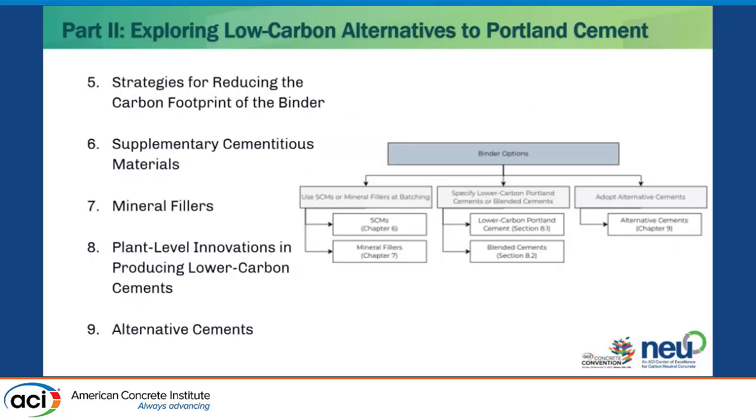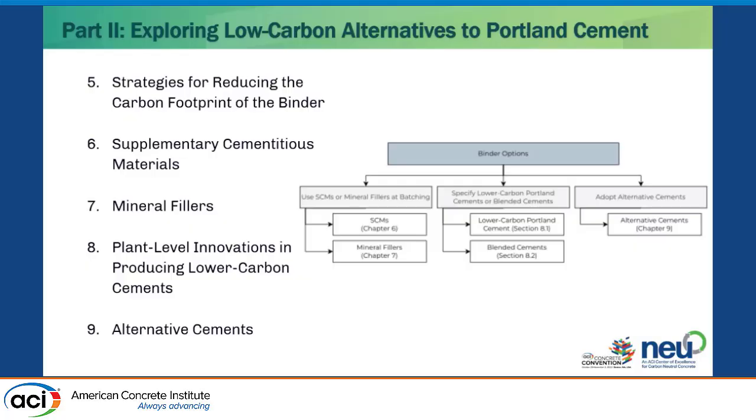All right, this is Part 2, exploring low-carbon alternatives to Portland cement. As you see, there are several chapters. Chapter 5 discusses strategies for reducing the carbon footprint of the binder. In this flowchart, there are different binder options. Either you can replace or partially replace Portland cement using supplementary cementitious materials or mineral fillers, or you can use low-carbon Portland cement.